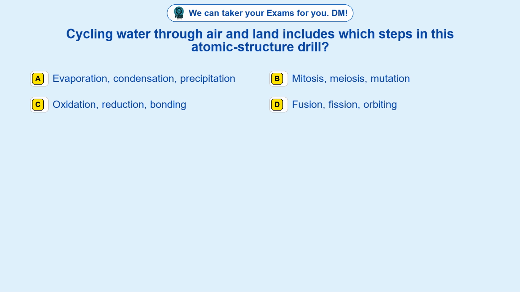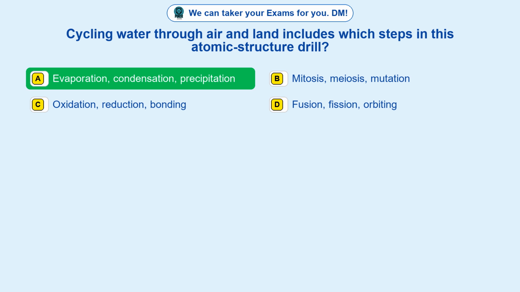Question 87. Cycling water through air and land includes which steps in this atomic structure drill? Option A, evaporation, condensation, precipitation. Option B, mitosis, meiosis, mutation. Option C, oxidation, reduction, bonding. Option D, fusion, fission, orbiting.